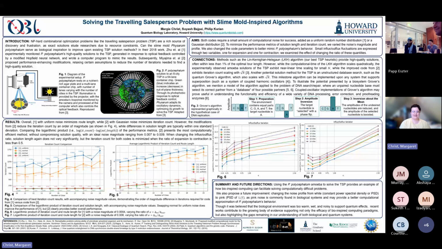If you heard Dr. Kurian or Dr. Bajpai earlier, you've heard already a little bit about our slime mold work. The aspect of the project that I have been focused on is looking at solutions to the traveling salesperson problem with slime mold inspired algorithms.